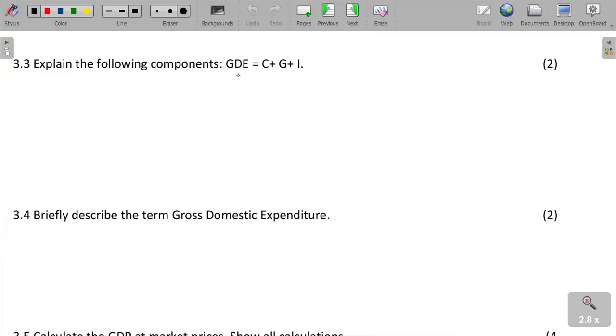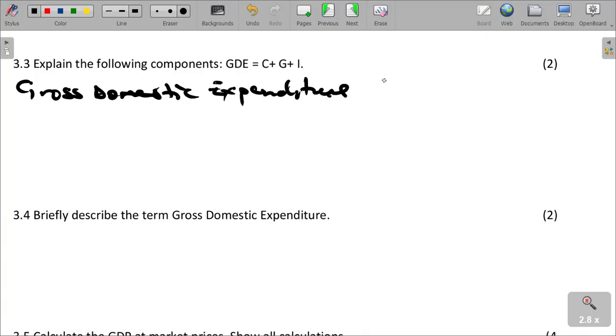So it is gross domestic expenditure, given as GDE.